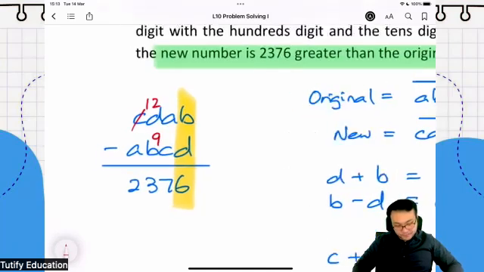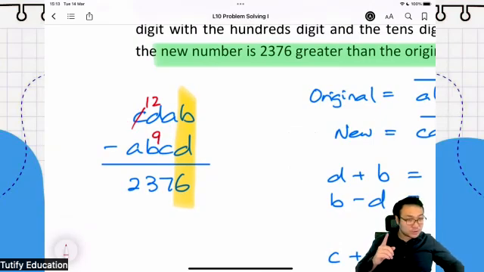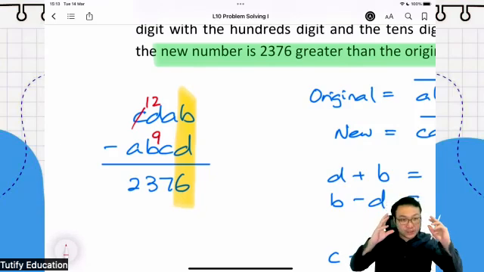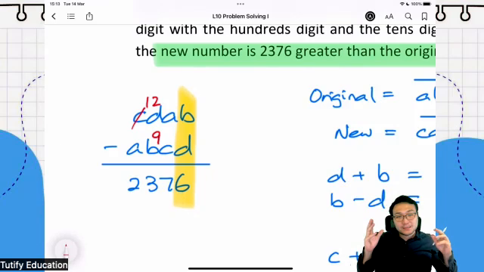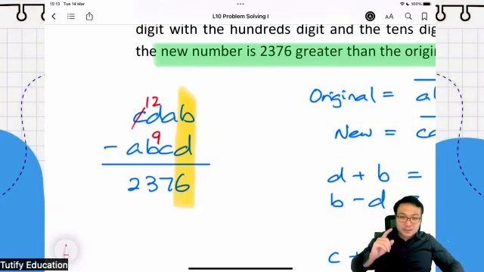Now you look at C. C minus A equals 2. Do you think it should be equal to 2? No, it should not. C minus A cannot be 2. You know why? Because D already borrowed from C, right?